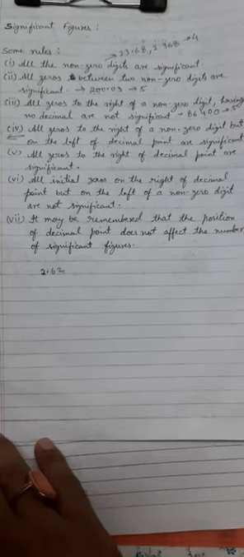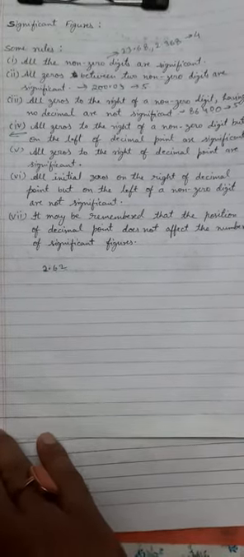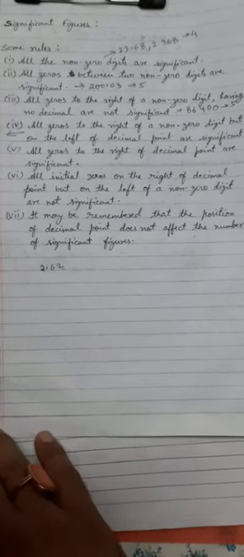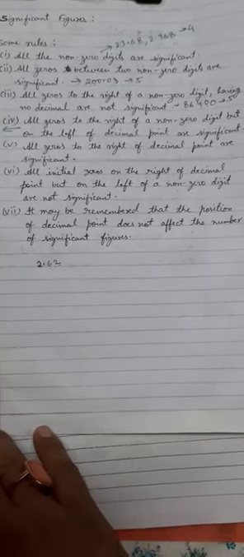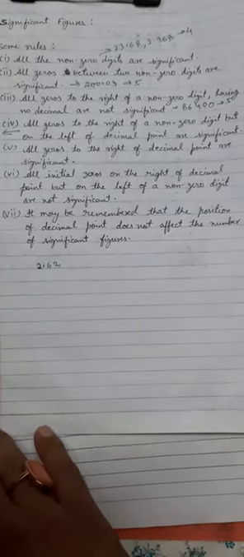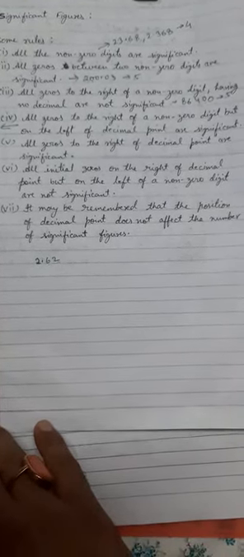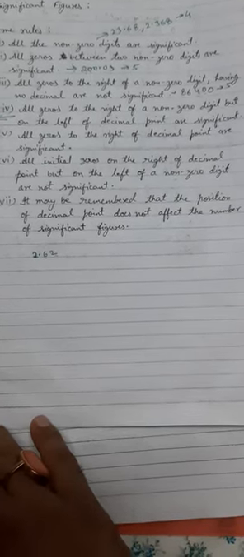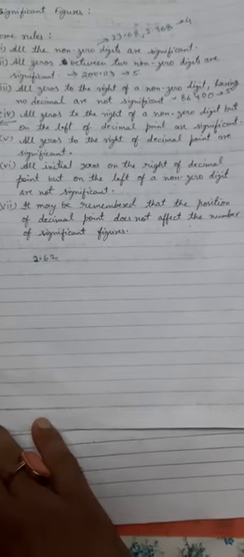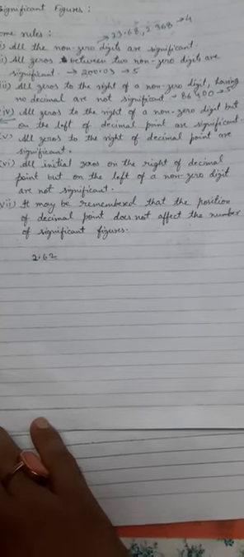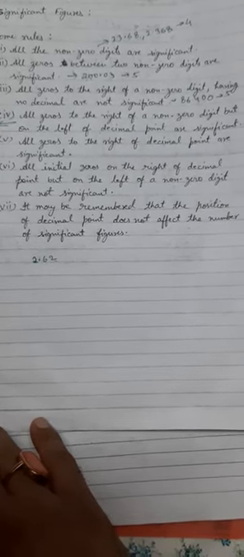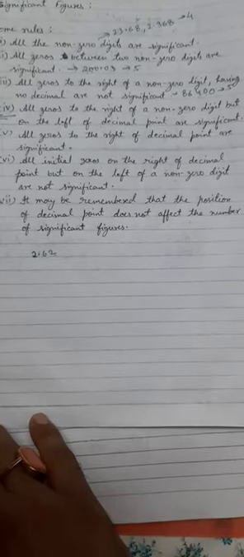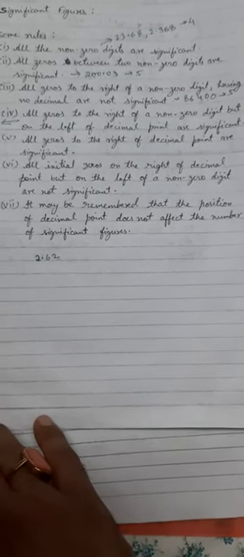Actually, when you are doing the experiment, you have seen that when you are taking a reading, suppose I am just taking one example, 2.575, then some students do the rounding and write the answer as 2.58. Okay, suppose the reading is 2.575, and we do the rounding and write 2.58.